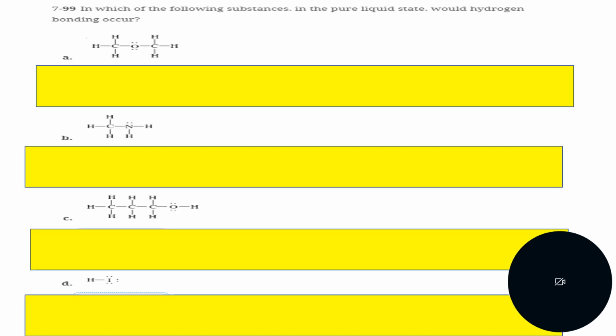In which of the following substances in the pure liquid state would hydrogen bonding occur? In order for hydrogen bonding to occur, again, you need F, O, or N. And in this one, the H is bonded to the C, not to the O, so no hydrogen bonding taking place.